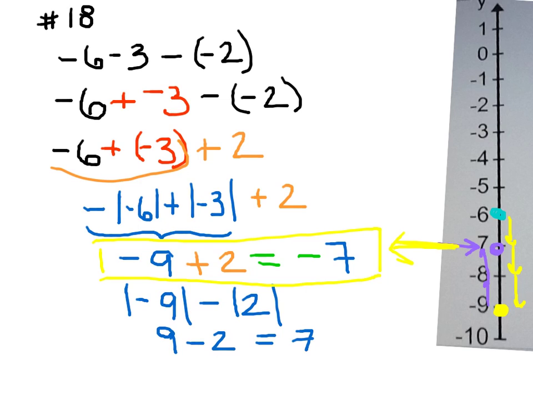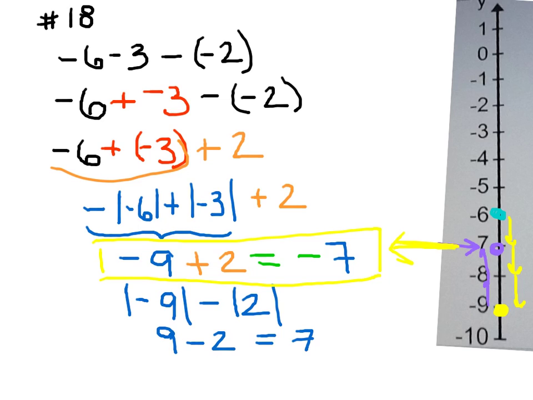And if I was to do it algebraically, I have negative 6, and I'm going to change that to an addition, so I change that sign, so I have to change that sign. I end up with negative 6 plus negative 3. They're both negative, so I know my answer is negative. Since they're both negative, I add their absolute values, and that gave me negative 9. And then I had minus a negative 2.